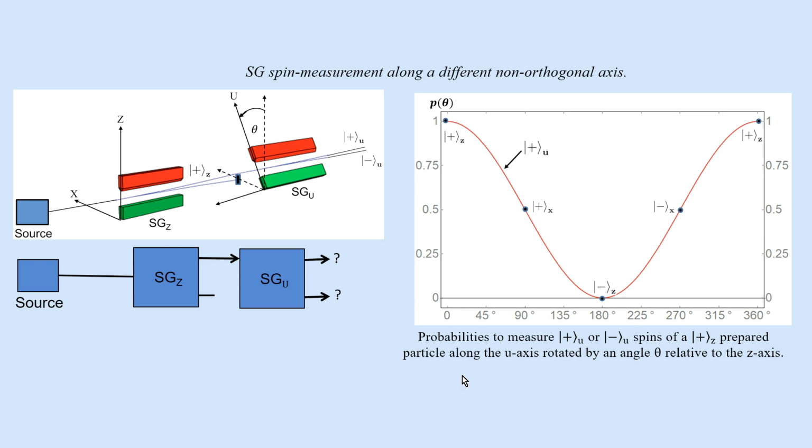However, on very few occasions, u ket minus will appear as well. After many measurements, it will turn out that on average, only about 7 or 8 particles out of 100,000 will show up with a spin down state.